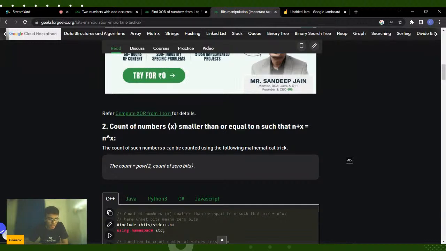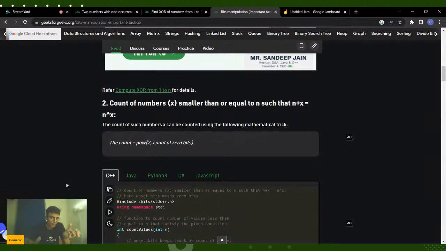And can anyone tell me how C++ implements a function which will help you get the count of all the 0 bits, the unset bits? There exists a function in C++ that will help you count this number of bits. You don't have to write a loop or anything. Just give it the number, and it will return that value.